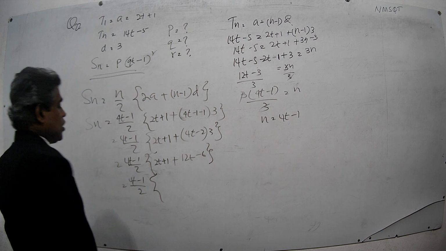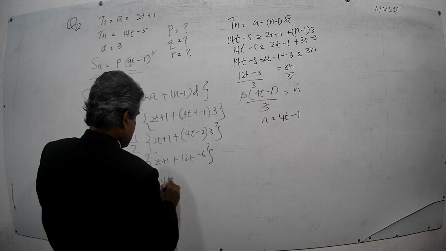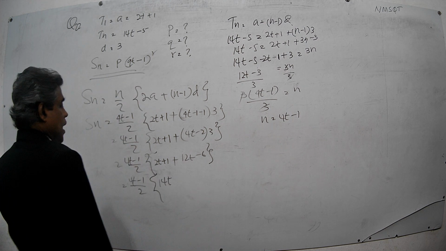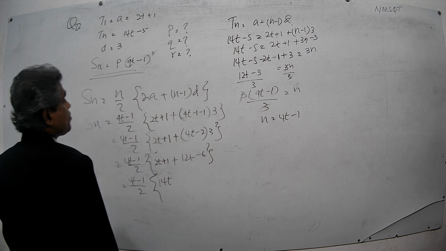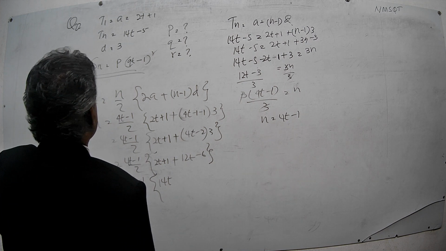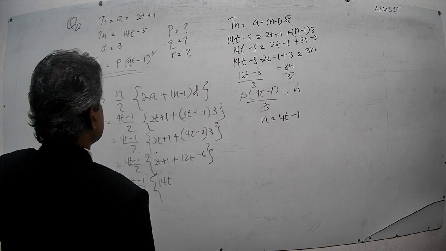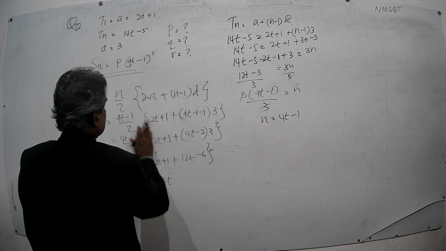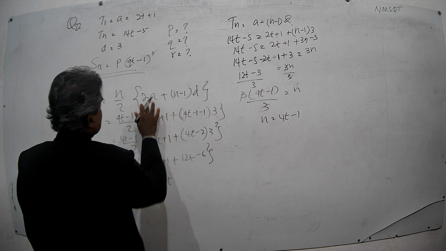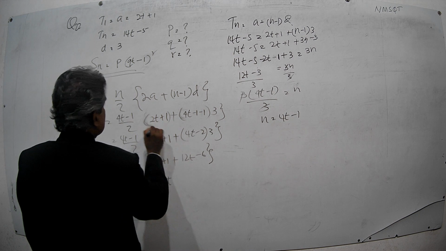Then you get here 2t, 12t, 14t. Right, again we have made a mistake, I think, here. 2a. Then here there is this 2. If this is the a value, then that whole thing is multiplied by this 2.